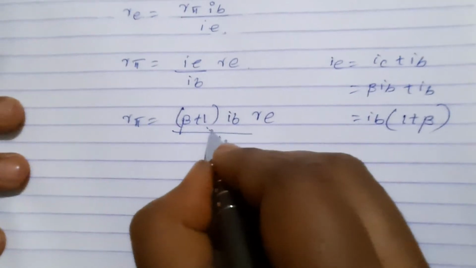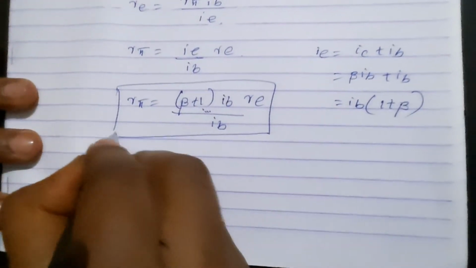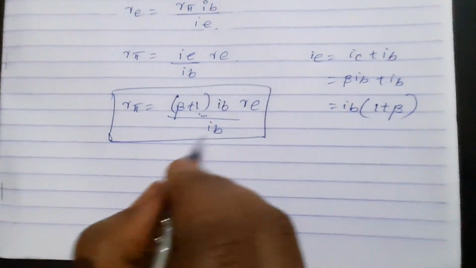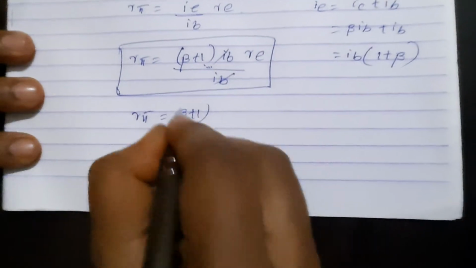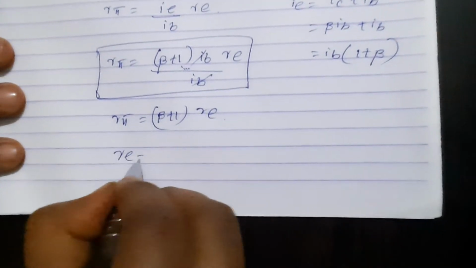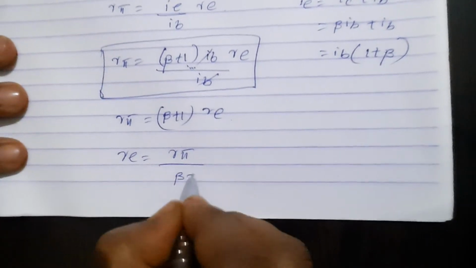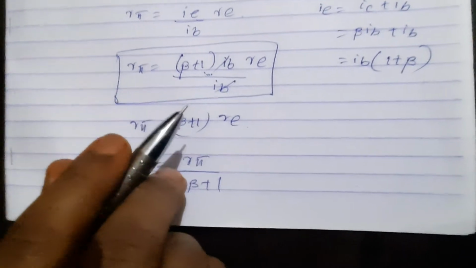Same thing I have substituted here for ie. Now this is the r pi formula, or r pi is equal to beta plus 1 times re. Now I can write re as r pi by beta plus 1, or r pi as beta plus 1 times re.